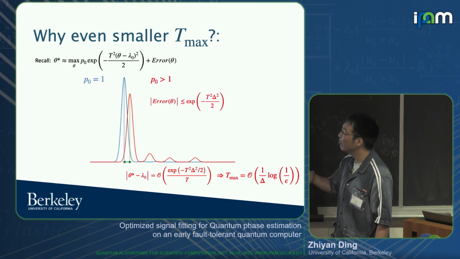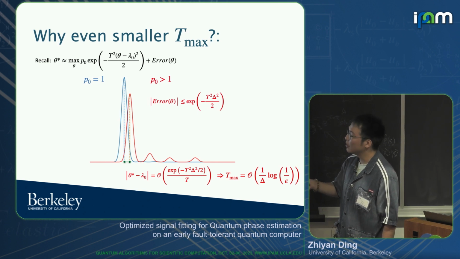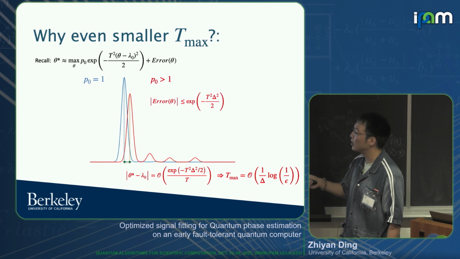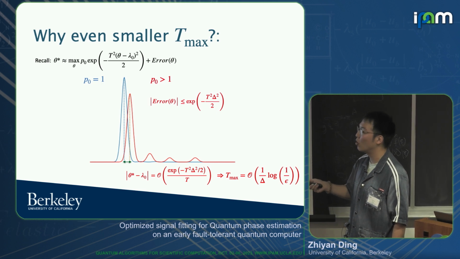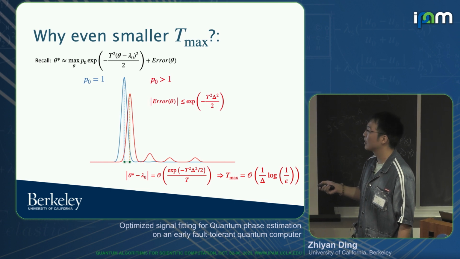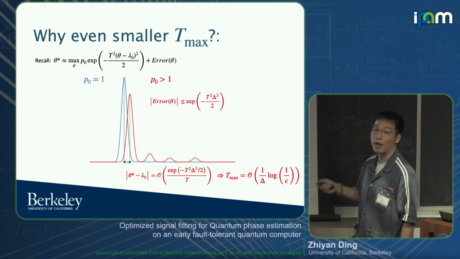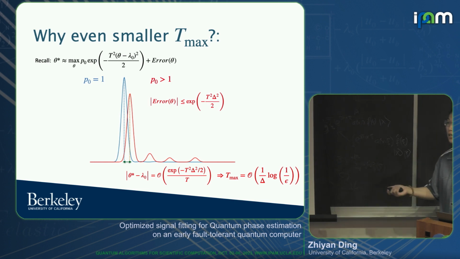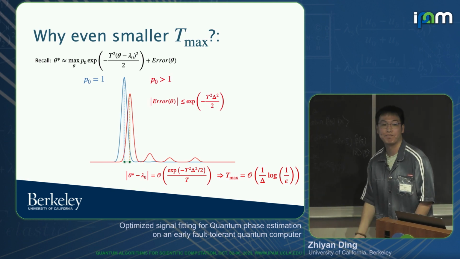You can imagine this as replacing the previous 1 minus p0. Then I can put this term into the error bound. So essentially, the error can be bounded by this exponential decay term over capital T. And this is essentially how we show our Tmax can be 1 over delta log 1 over epsilon. Any question about this part?